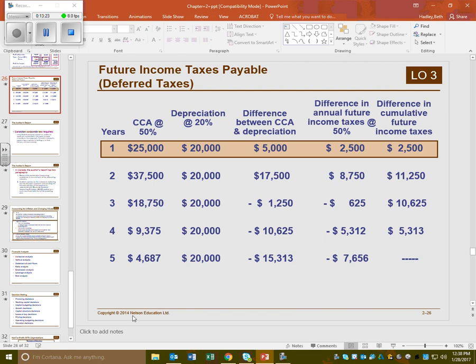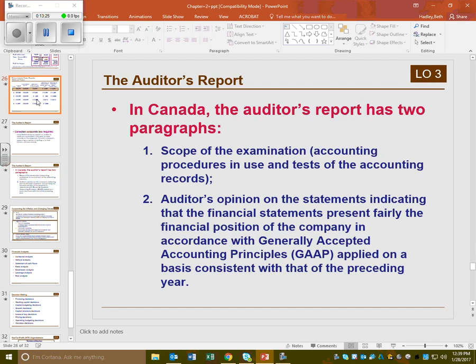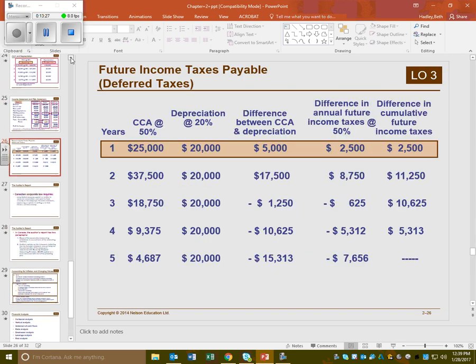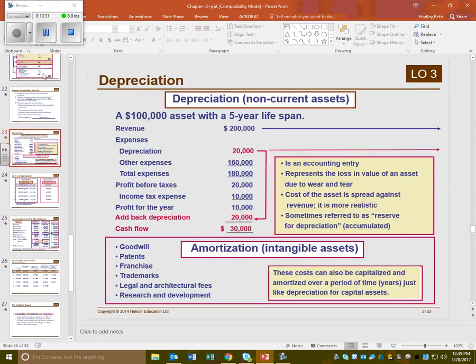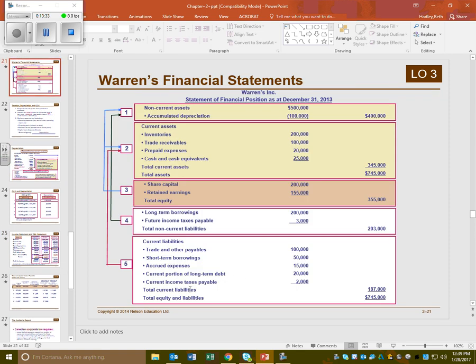They're not showing the same amount for some reason on this slide, their slides are not flowing properly, but here, future income taxes payable, that's where that 2,500 would show up on that statement as the amount of future income taxes that's payable.